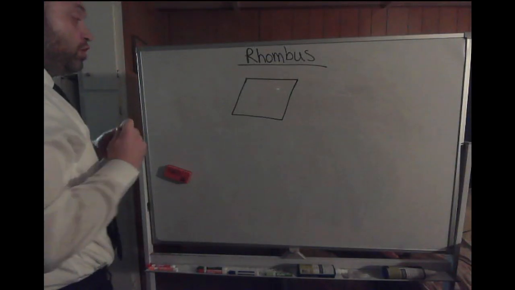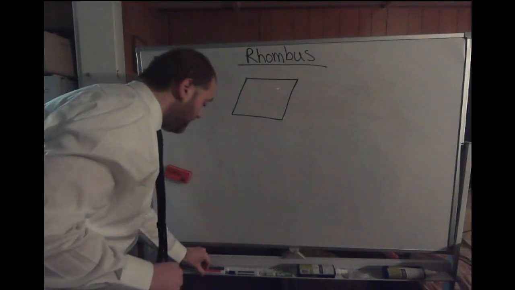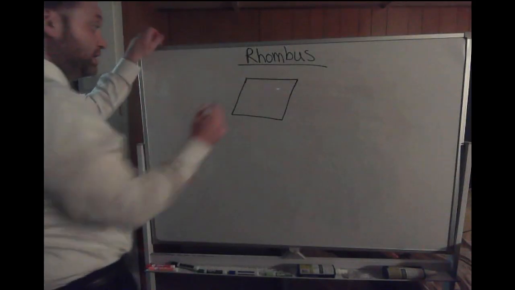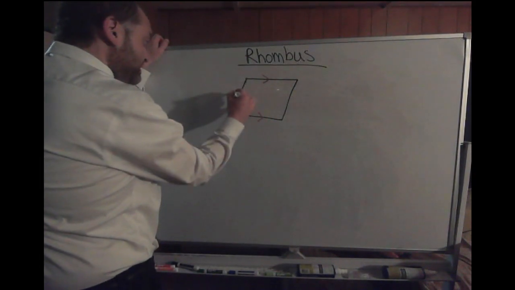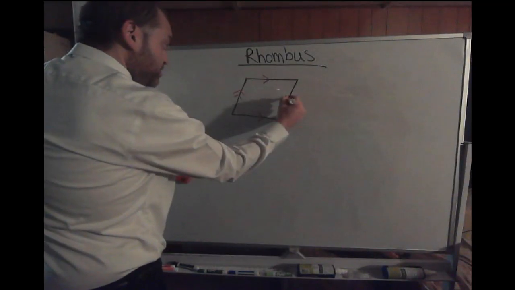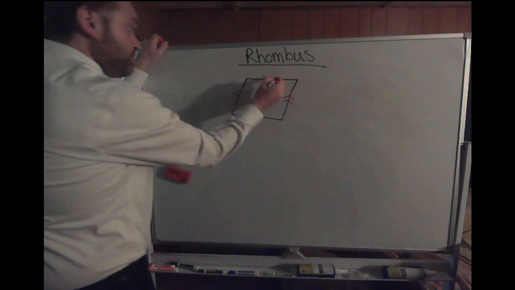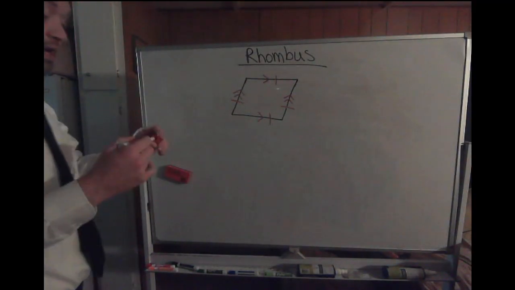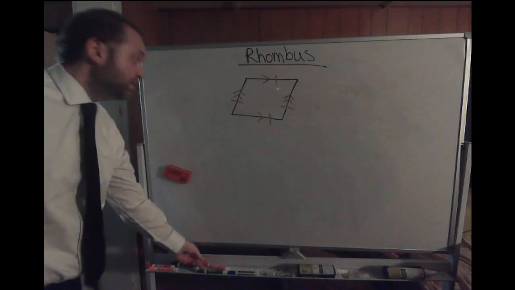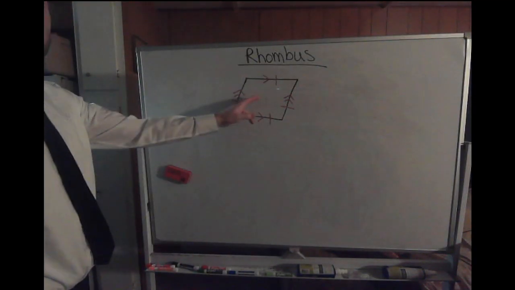So, a rhombus is unique in the fact that it too is a parallelogram, meaning that opposite sides are still parallel to each other by definition. But what makes a rhombus unique is that all four sides are congruent to each other. You have four congruent sides in a rhombus. So it's kind of like a mini parallelogram.